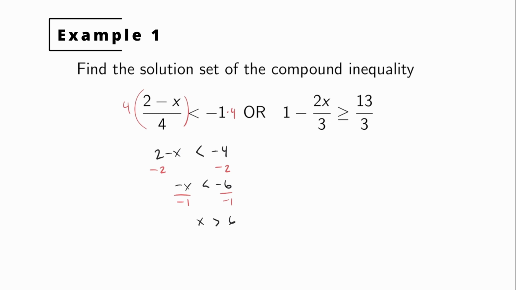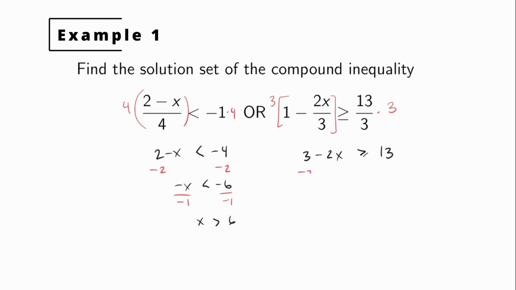Now for the second inequality, I need to multiply both sides by 3. So don't forget, when you multiply the left-hand side by 3, you have to distribute it to both terms. So we're going to get 3 minus 2x, because again, 3 times 1 is 3, and then 3 times 2x over 3, the 3 will cancel out with the 3 in the denominator, leaving just 2x. On the right-hand side, 13 over 3 times 3, the 3 in the numerator and denominator cancel, gives us just 13.